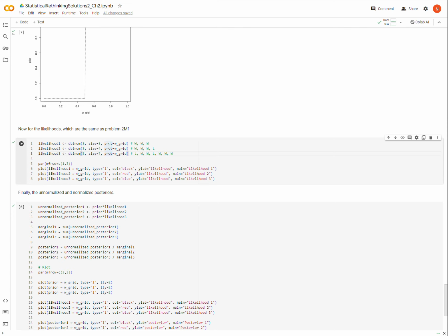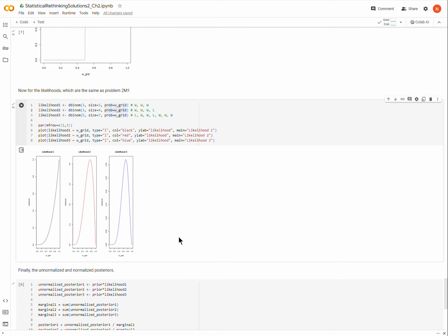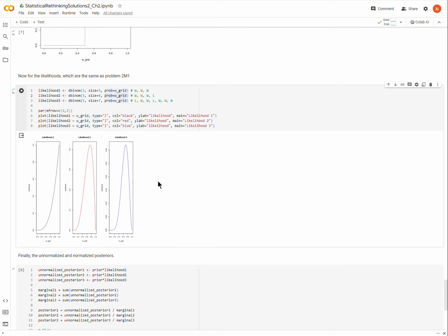This code gives us the probability of these observations for every value in W grid. These are identical, copied exactly from question 2M1 above, so hopefully you've seen that video.